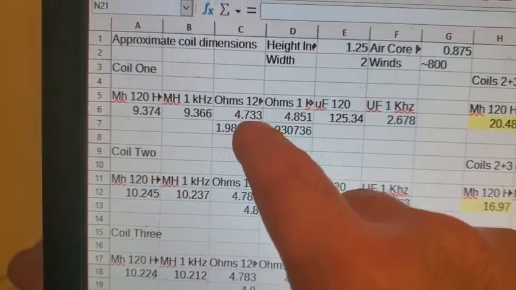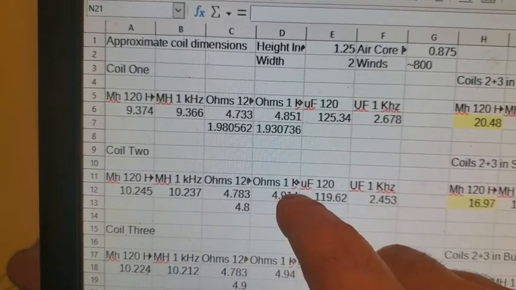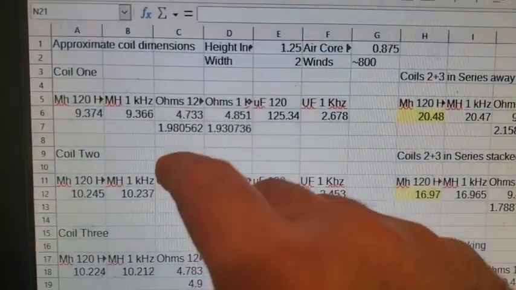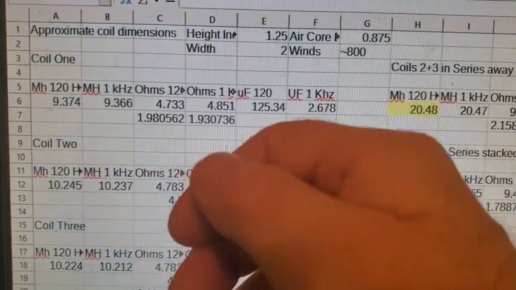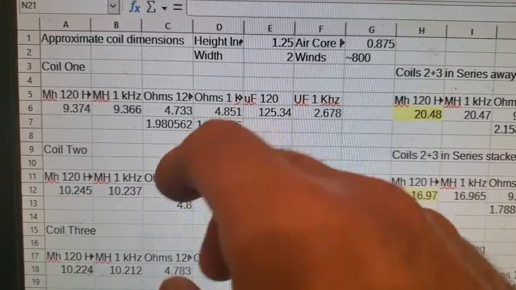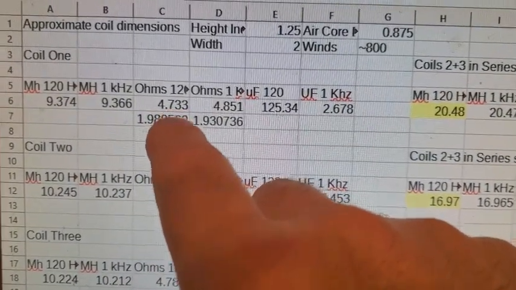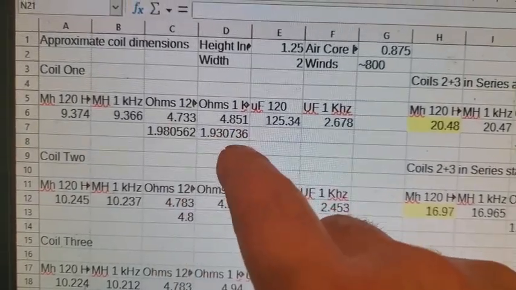And then the resistance. It's a little funky measuring resistance with an LCR meter because it seems to vary a little bit, but the standard voltmeter is not precise enough. It would only go to like 4.7, and so this is much more precise.